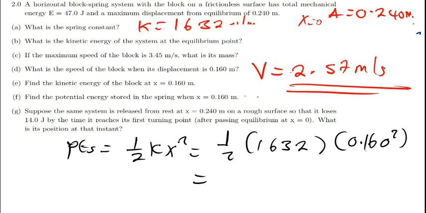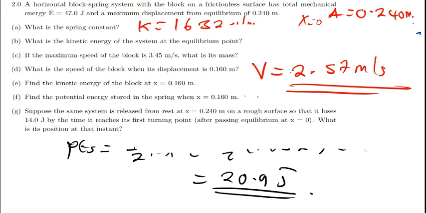So 0.5 times 1632 times 0.160 squared is 20.889, which is the same as 20.9 joules. That is my potential energy.